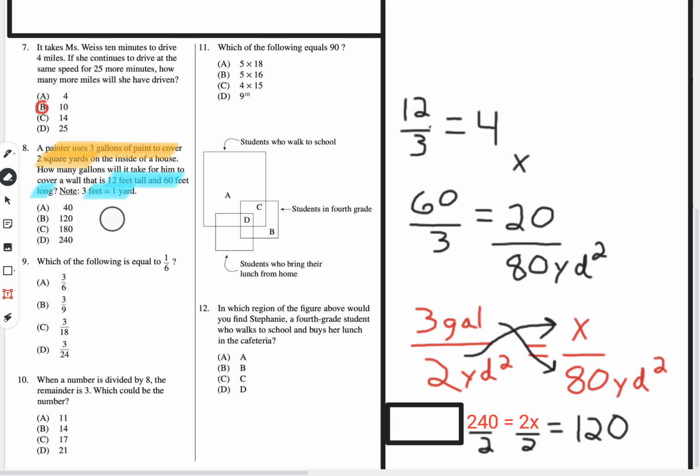It will take 120 gallons for him to cover a wall that is 12 feet tall and 60 feet long. The answer is B.